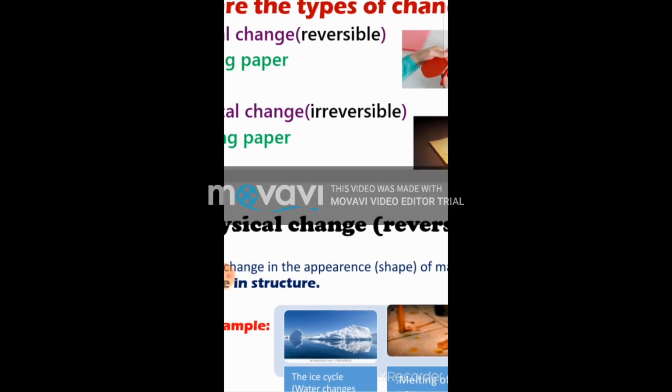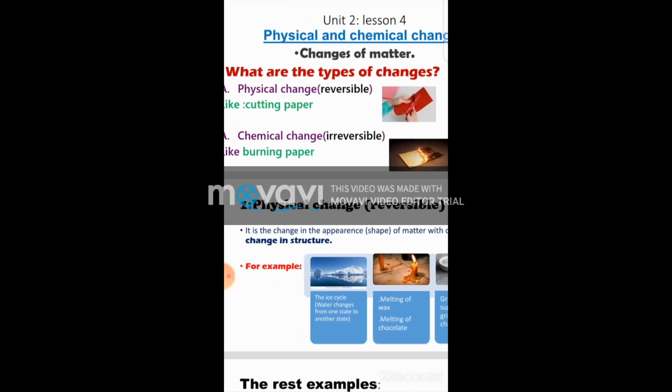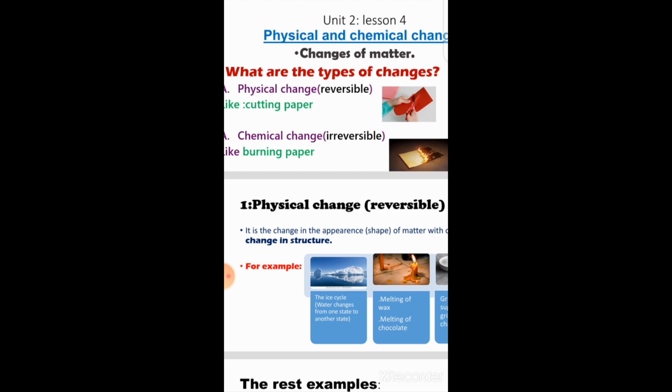So this is the difference between physical change and chemical change. Physical change is a change in the shape or appearance of matter without any change of its structure.